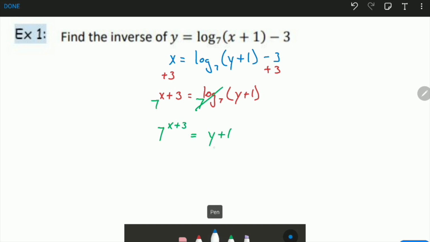Still have to finish getting y by itself, so we'll subtract 1 from both sides. And again, due to the exponent, we really can't do anything with this. So 7 to the power of x plus 3, minus 1, is equal to y, or in other words, y equals 7 to the power of x plus 3, minus 1.